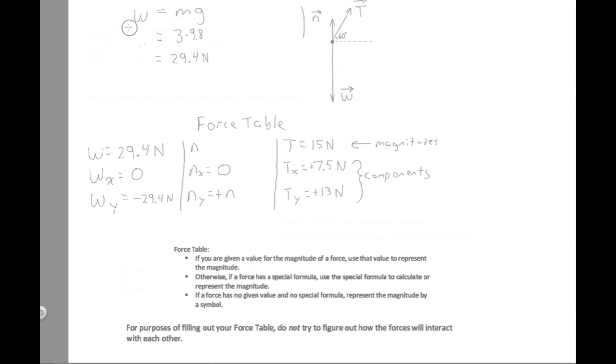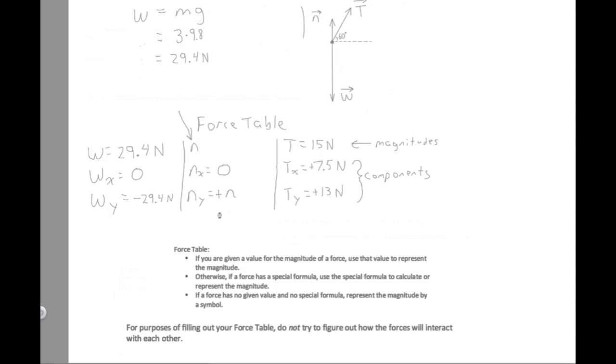That's what happened for the weight, where we used the mg special formula to figure out the magnitude of the weight. And if there's no given value and no special formula, you simply represent the magnitude by a symbol. That's what we did for the normal force. We don't have a number for the normal force, and there's no special formula for the magnitude of the normal force, so we simply represented the magnitude of the normal force by the symbol n, and used that symbol to represent the components.